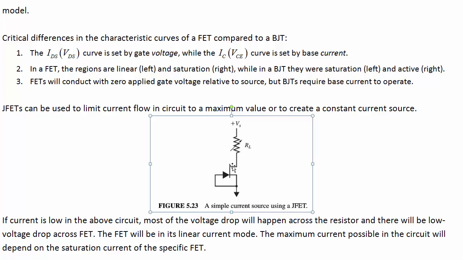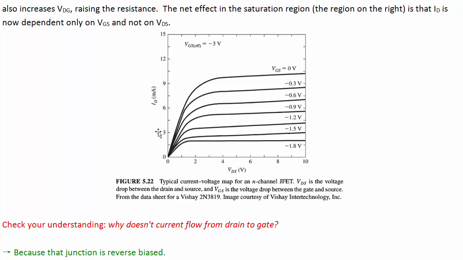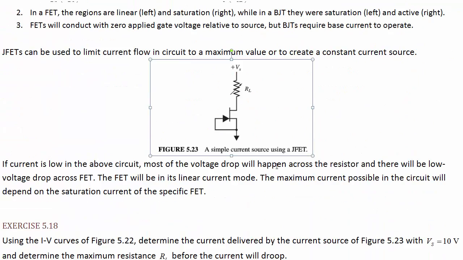But because we've now reduced the voltage at the drain, this reduces the FET resistance. So if this resistance goes up, then this resistance goes down to compensate, and we have about the same effective resistance until the point where we push the FET into the linear region. So this would work in the saturation region.